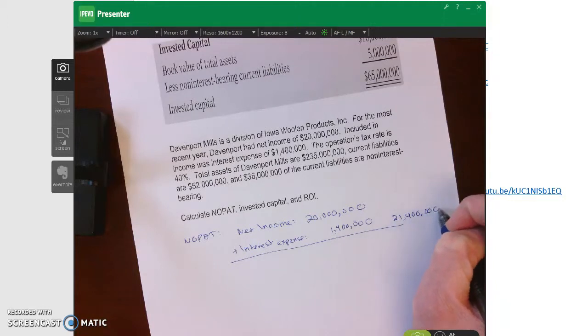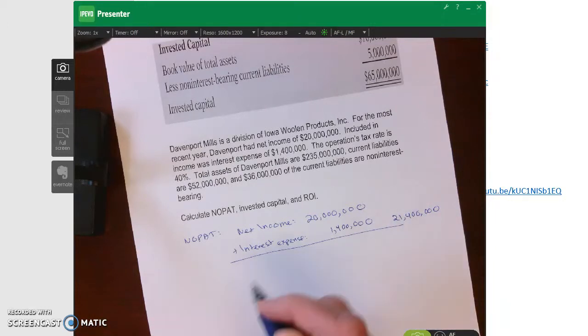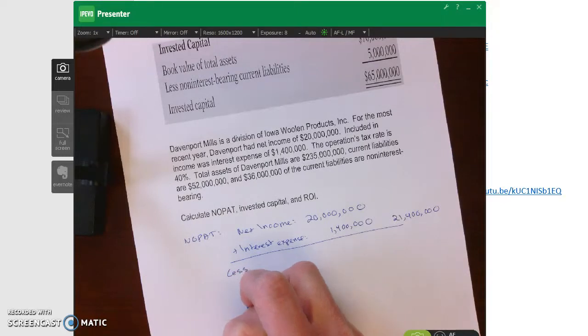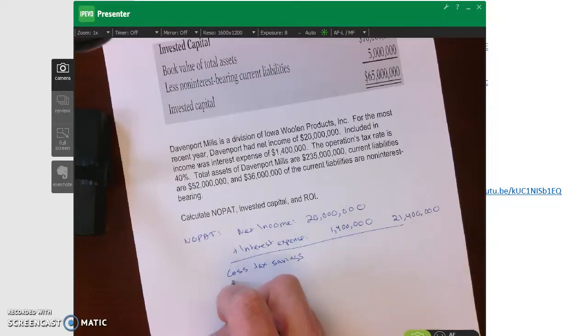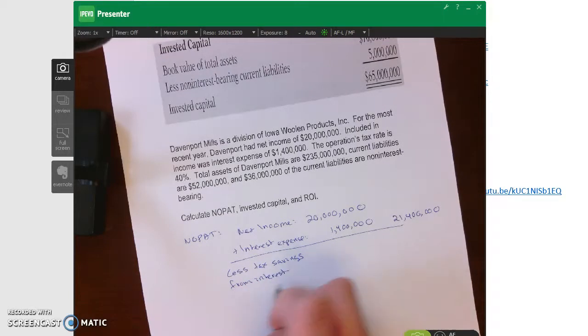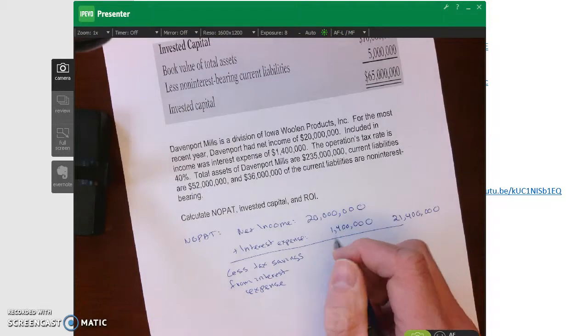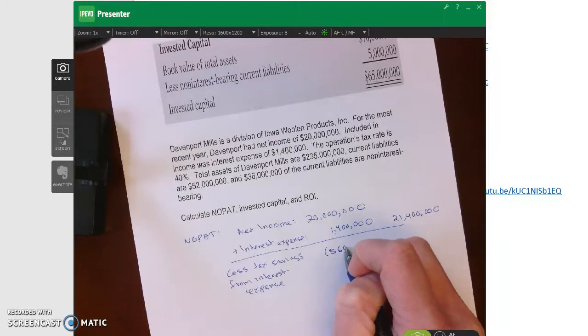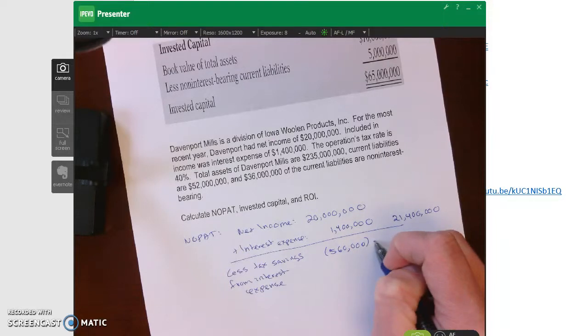That gives us a total of $21,400,000. Then we say less tax savings from interest expense. Remember, we have to take out that tax savings from the interest expense, which is equal to $560,000.